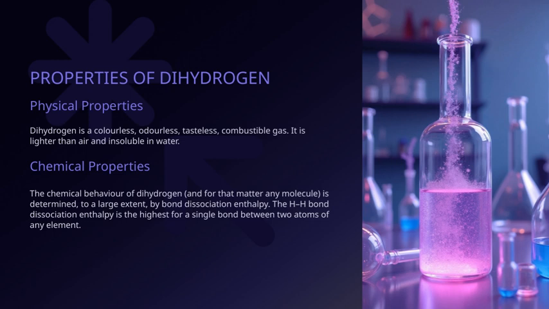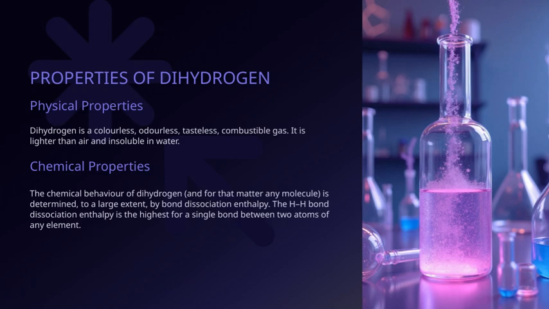Moving on to its properties, dihydrogen is a colorless, odorless, and tasteless gas, which makes it quite elusive to our senses. It is also highly combustible, so it can easily ignite in the presence of a spark or flame. Because it's lighter than air, it tends to rise and disperse quickly when released.